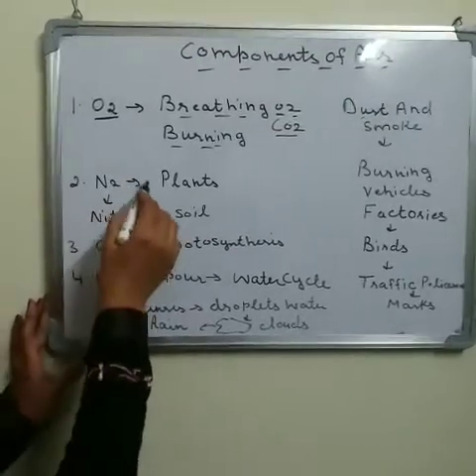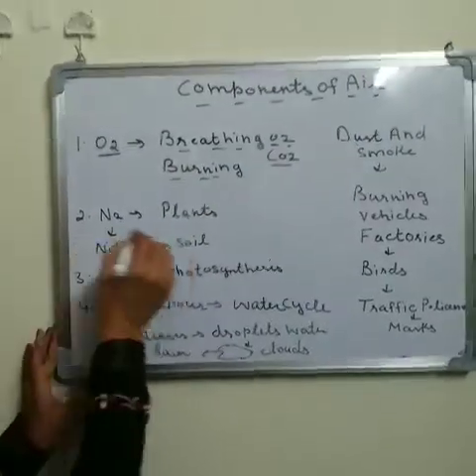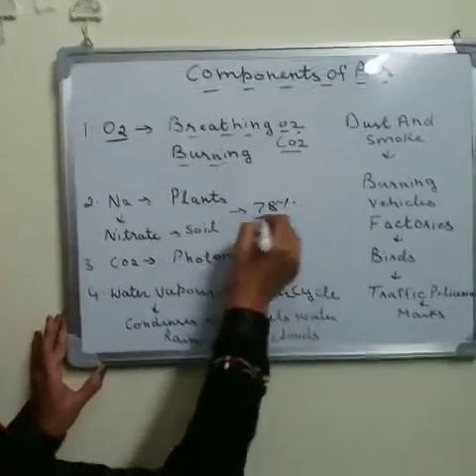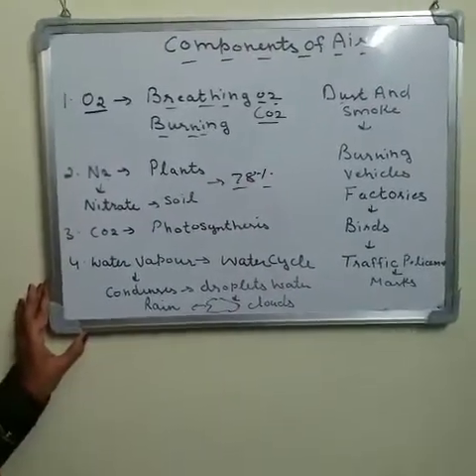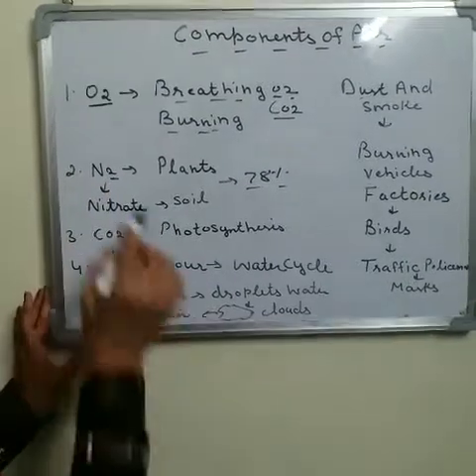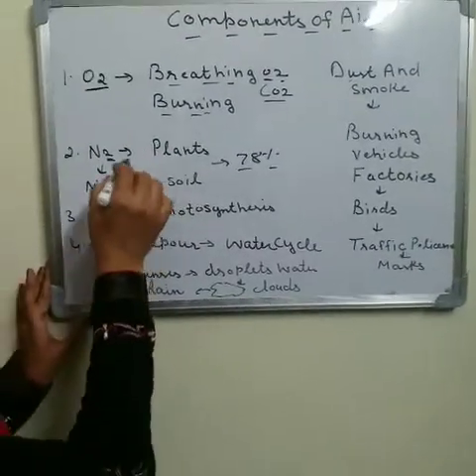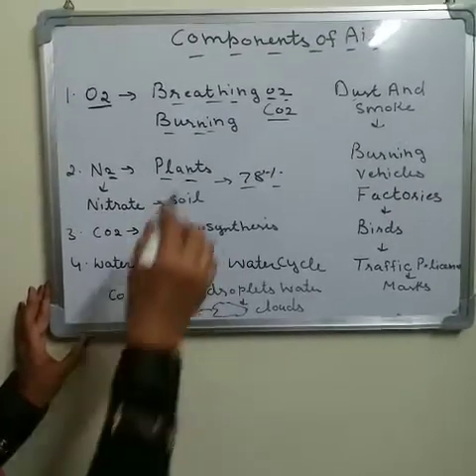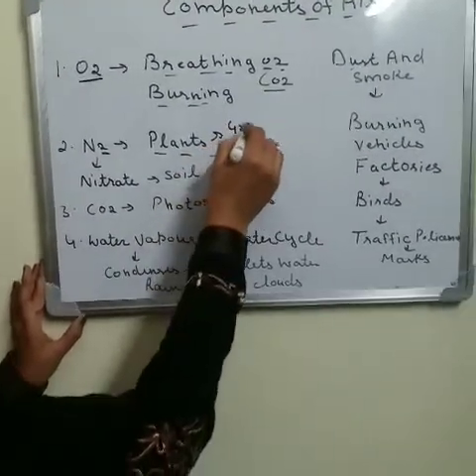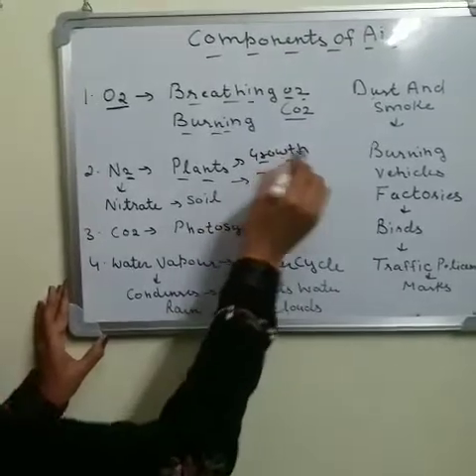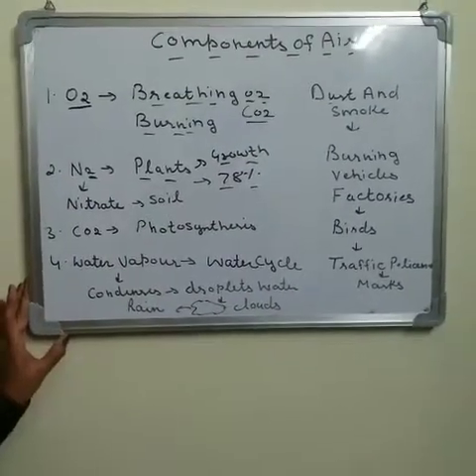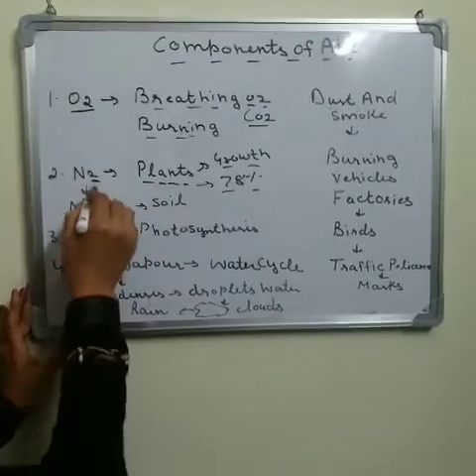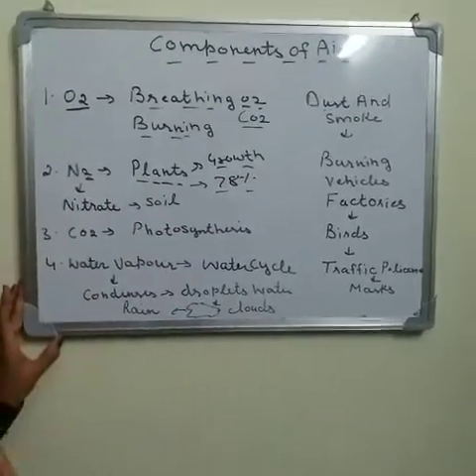Now the next main component in air is nitrogen. It is present at 78%. The major component of air is nitrogen, and it is mainly used by plants. It is a must for the proper growth of a plant. But plants cannot take nitrogen directly in its gaseous form.